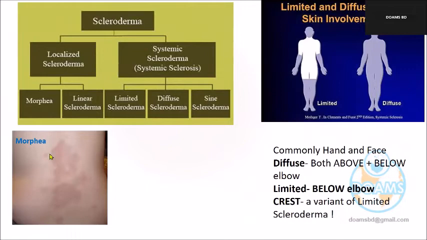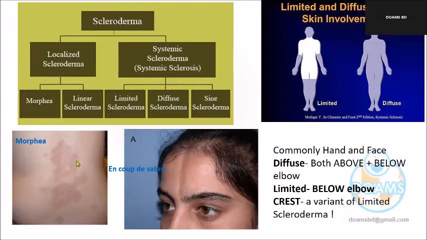This is localized morphea. So I would like to share the message that if a patient has a skin problem, it is not only a primary skin problem, it could be part of the spectrum of generalized disease of the musculoskeletal system. So this is morphea. This is en coup de sabre in the forehead. Again, skin thickening like this.